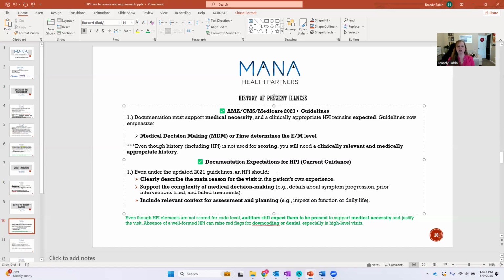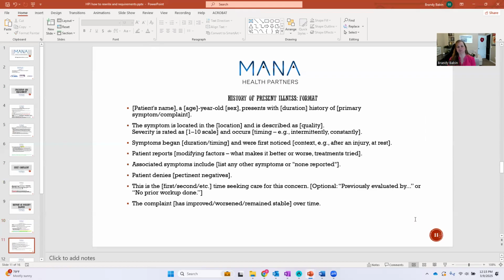So even though the HPI is not scored for coding, auditors still expect it to be present to support medical necessity and justify the visit. Interesting. An absence of a well-formed HPI can raise flags for downcoding or denial, especially in high-level visits. So it's not all about what we bill, it's about what we document and supports our billing.